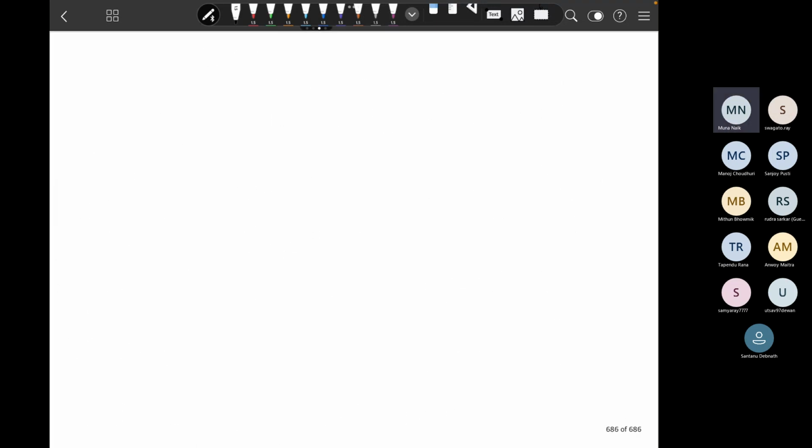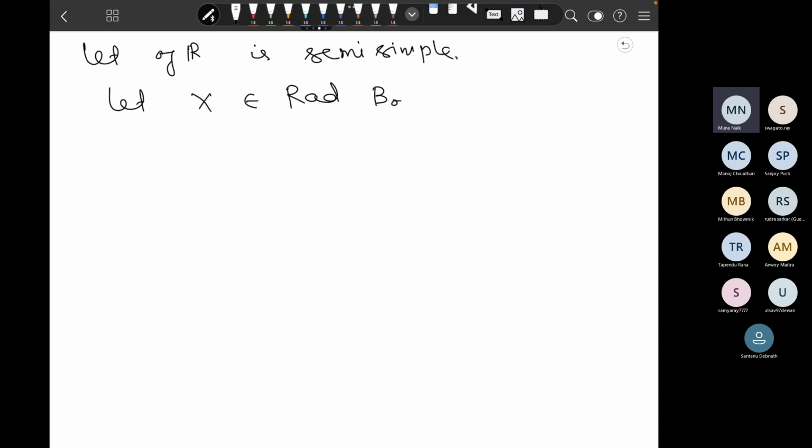Now let G_R be semi-simple, and let x belong to the radical of B_G.